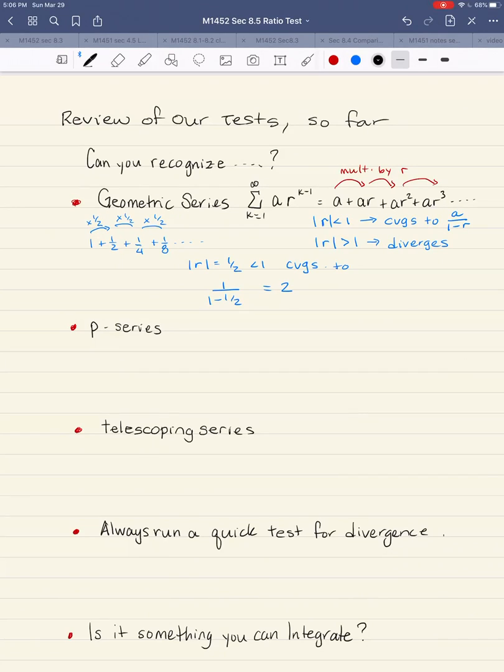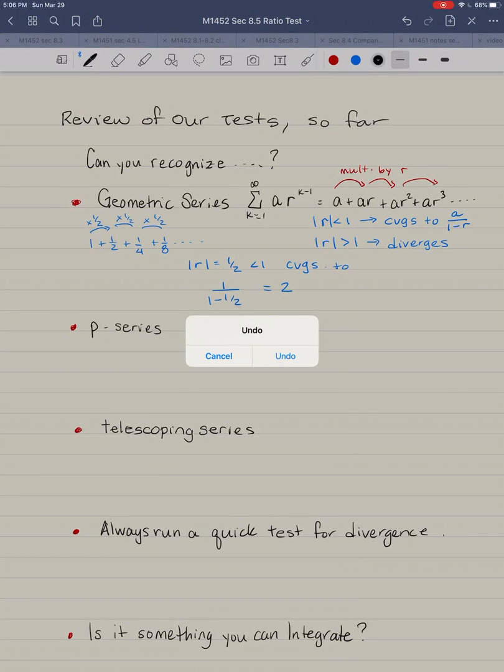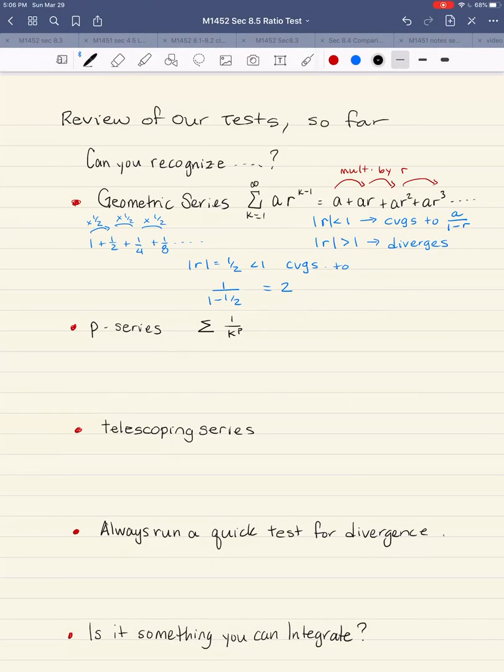For a p-series, p is a fixed number, and k, the counter, is the base, and p is the power. So it looks something like 1 over k to the p. And we are able to determine what makes this converge or diverge by the integral test. What we found out was that if we integrate k to the minus p dk, we would get k to the minus p plus 1 over minus p plus 1.